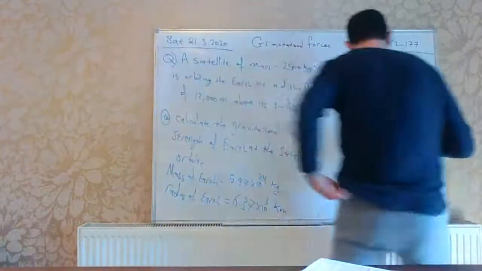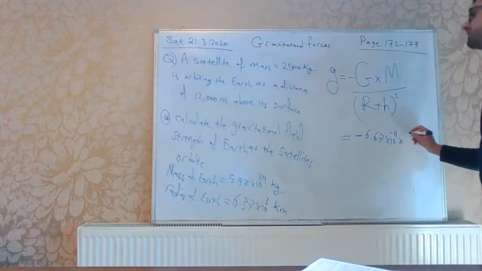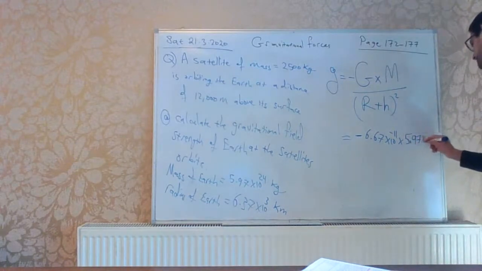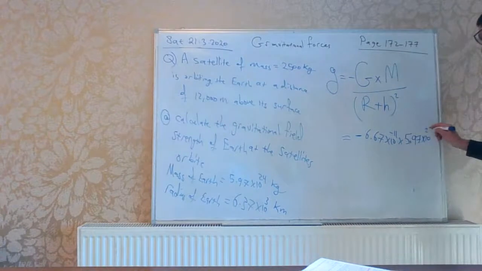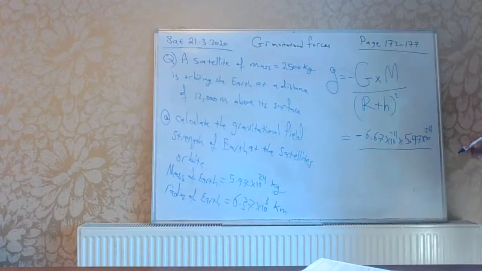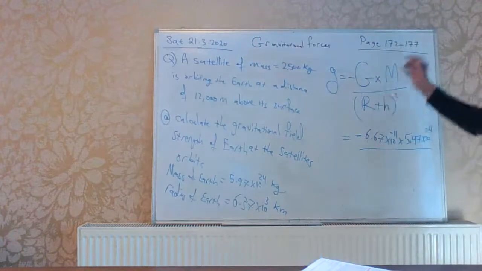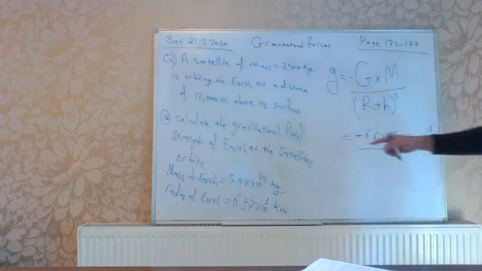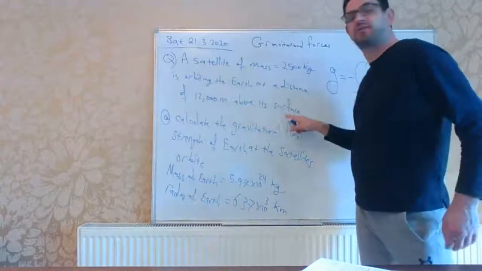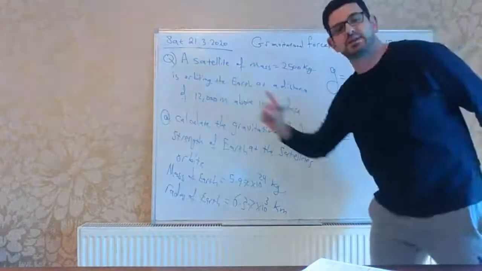اذا شو بتطلع؟ times 5.97 times 10 to the power of 24 divided by the radius of Earth plus the height above, because he said it's orbiting above the surface. If he said from the center, خلاص, this is the number.